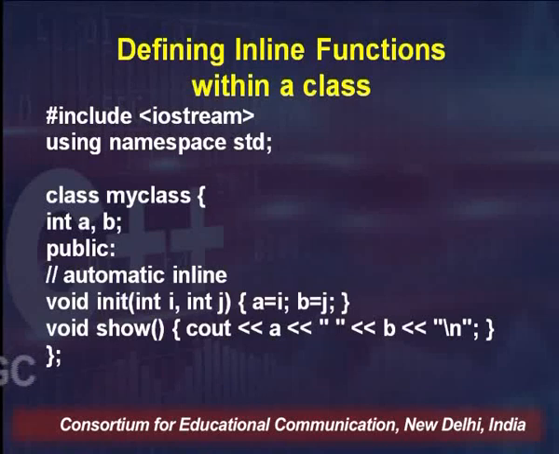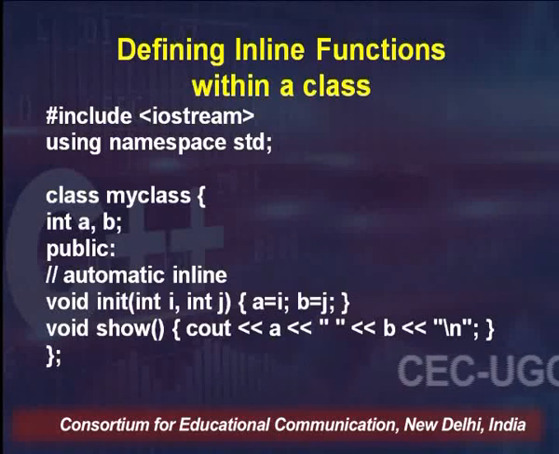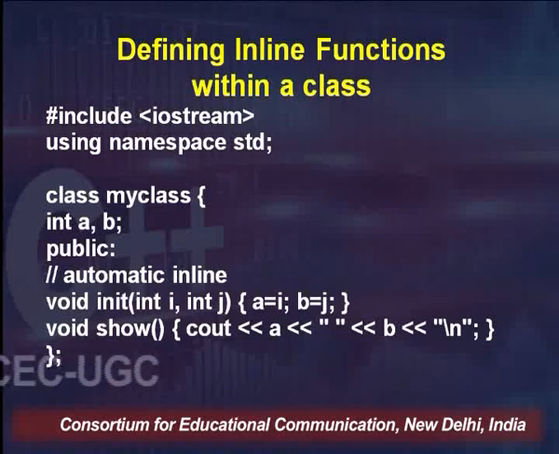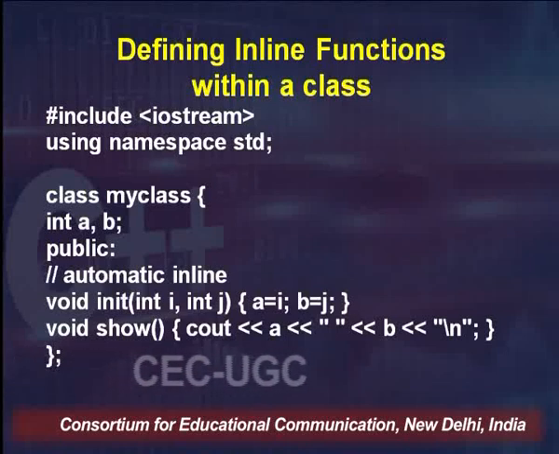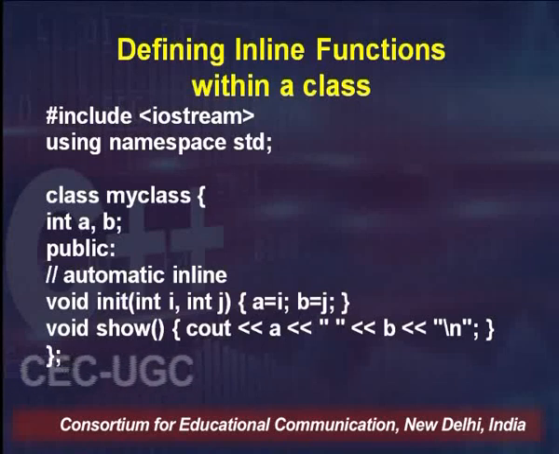Void show just displays the values of a and b. As you can notice, the definition of the function is placed inside the class. That means these functions become inline automatically. We need not use any keyword inline before this, as we did in the previous example.